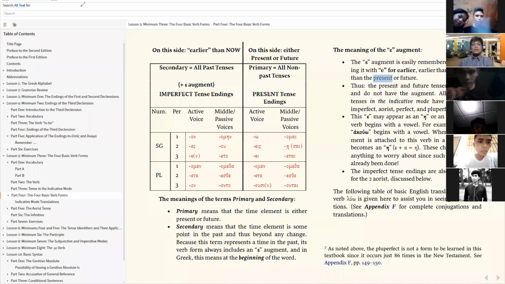When we talk about primary, the time element is either present or future. For the secondary, the time element is some point in the past and it may be beyond any change. Whatever you do, you can no longer change the past. Past is past.